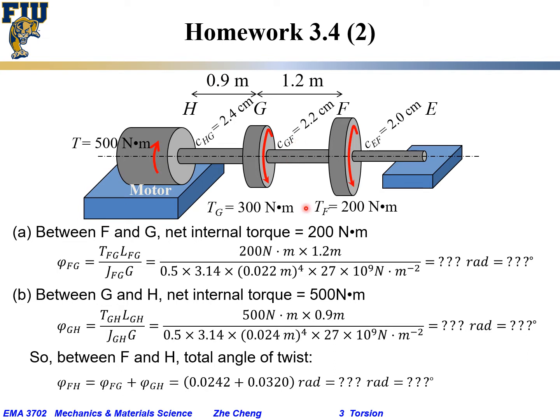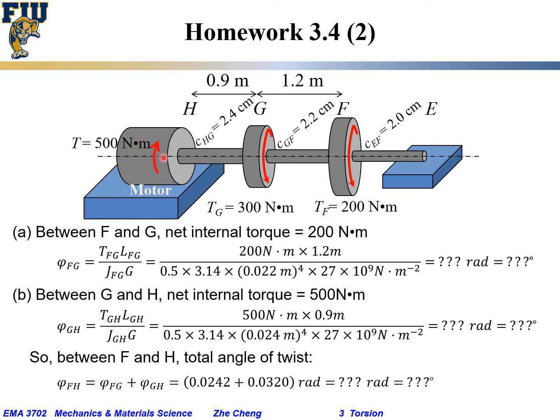So the net internal torque, to balance this torque, would just be 200 Newton meter. That's one way to view it. The other way is if I cut it here, look from the left, 500 goes one way, 300 goes the other way. If we make the cut, we need another 200 to balance this 500. The internal torque would still be 200.